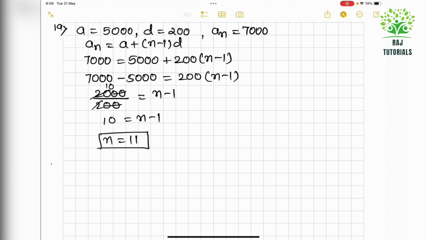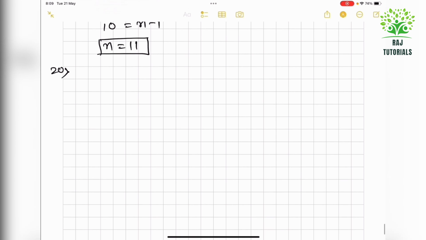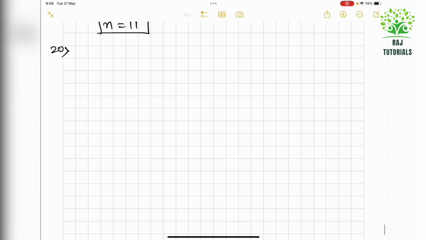Now 20th one is: Ramkali saved rupees 5 in the first week of a year and then increased. Okay, so A is 5 and then increased her weekly saving by rupees 1.75. So D is 1.75. If in the nth week her weekly saving became rupees 20.75, so AN equal to 20.75. So find n.